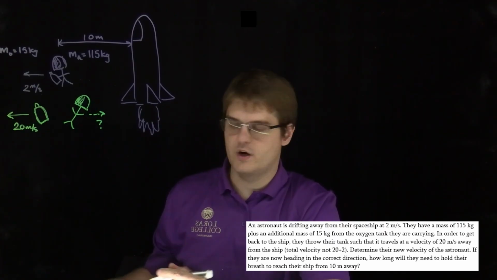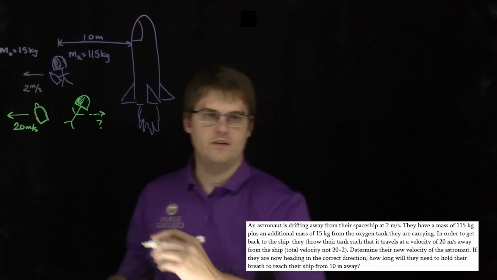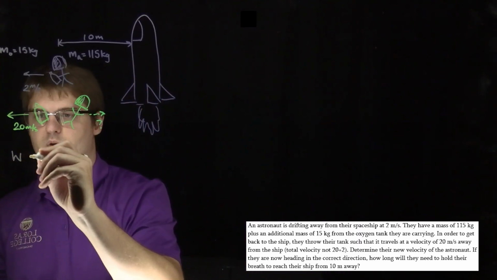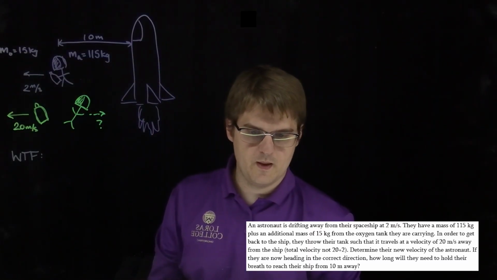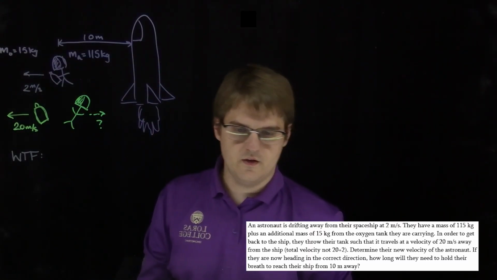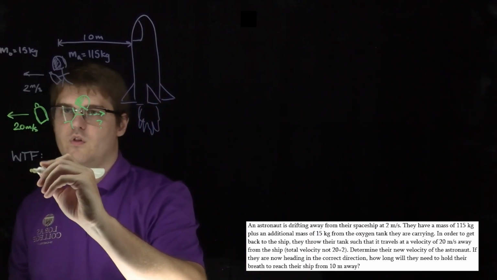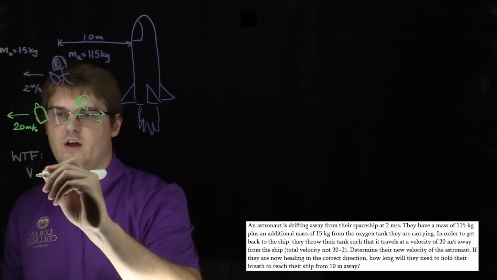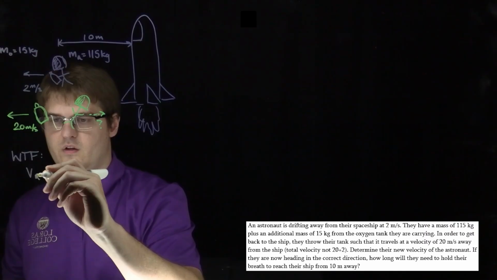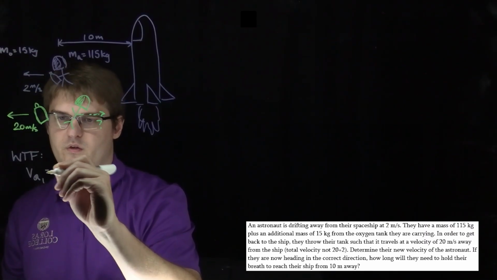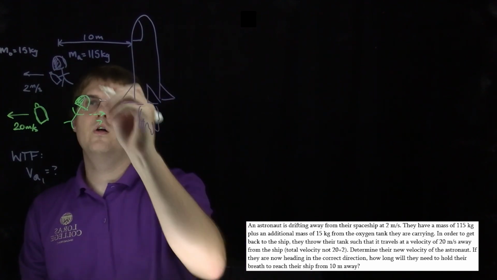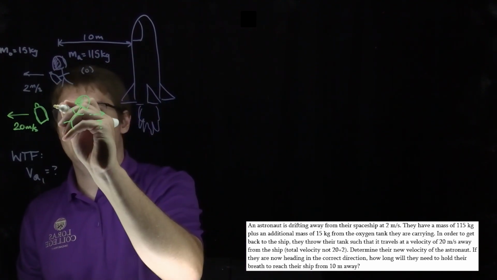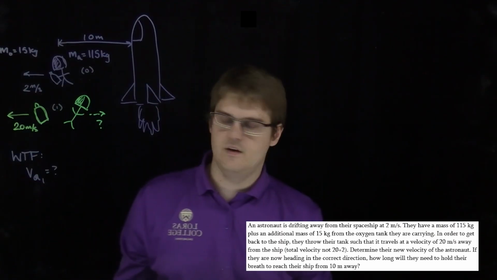So this is a two-step problem that we're trying to do. And what we want to find is we would like to know the velocity of the astronaut at time 1. And we'll call this time 0. We'll call this time 1 in this case.